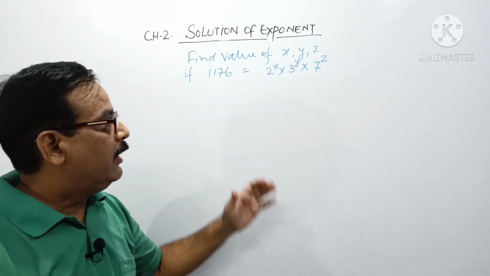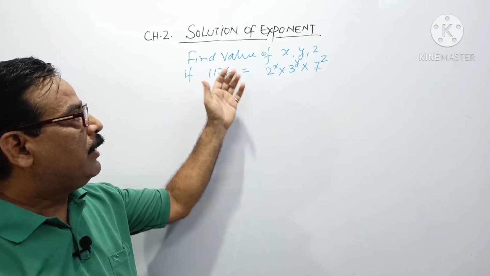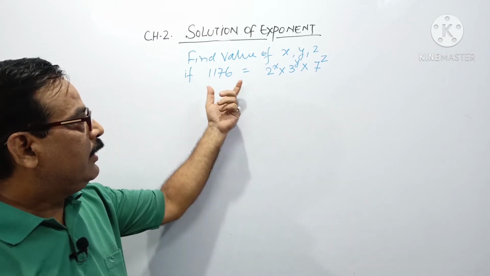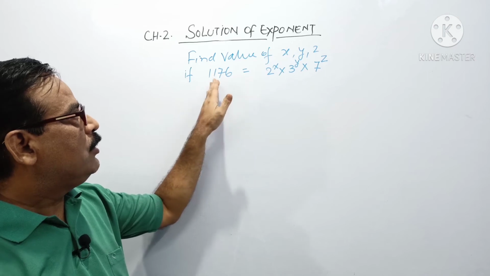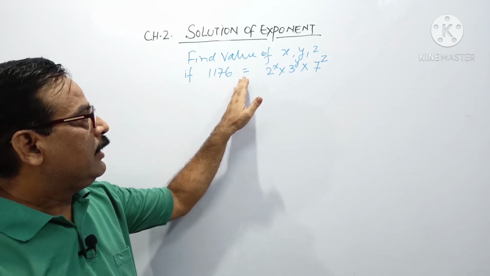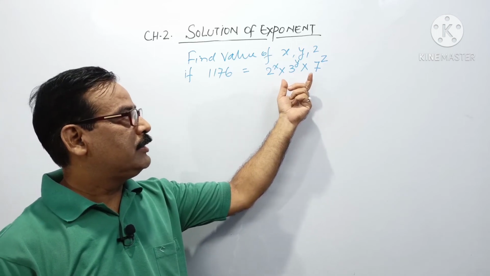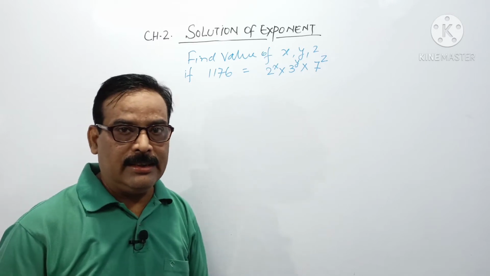And guys, here is another pattern of question. Here you have to find the value of x, y and z, and it is given in the question that 1176 is equal to 2 to power x into 3 to power y into 7 to power z. So what will be the values of x, y, z?